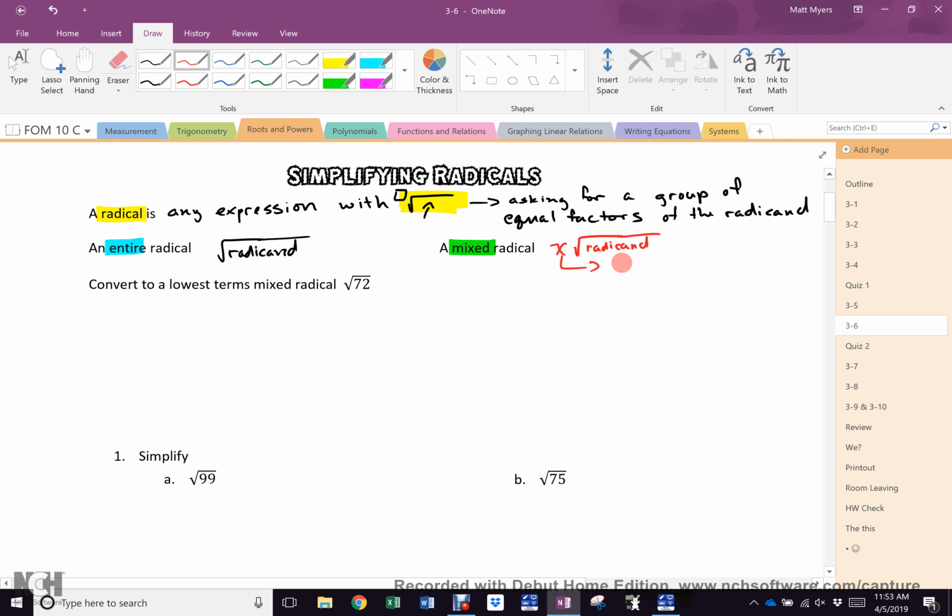And this x is multiplying. Okay? This is exactly the same. It behaves just like 3x, right? That means 3 times x. Well, this means x times whatever that root is.